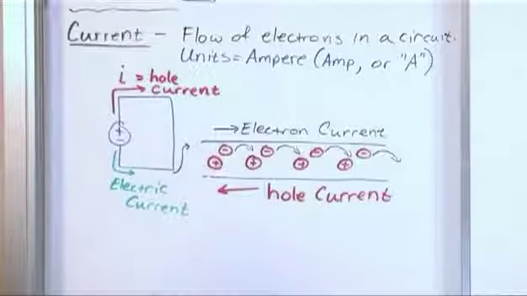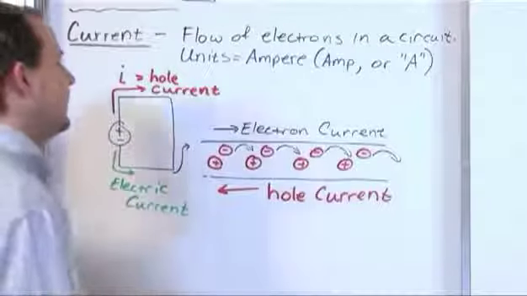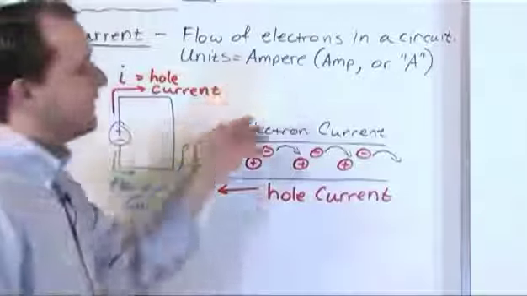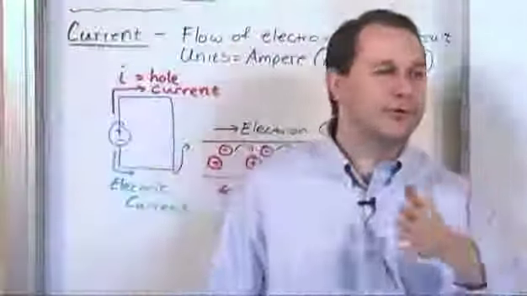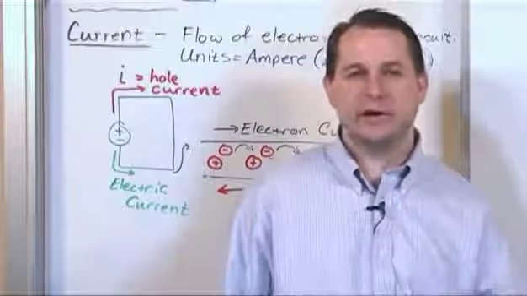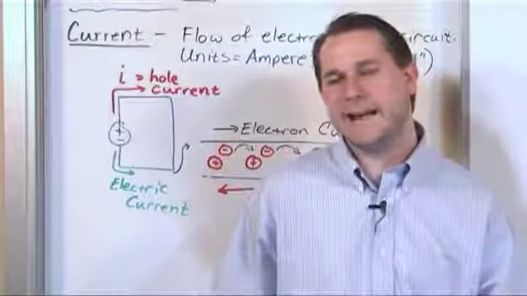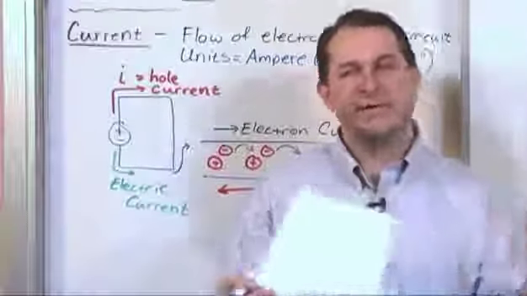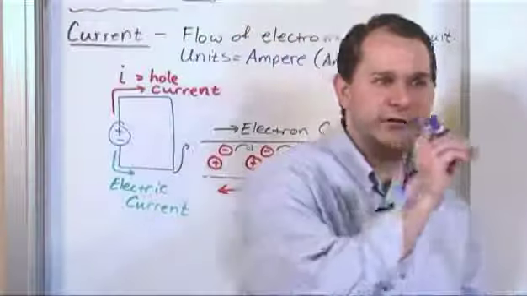The higher the number of amps, the higher the current going through the circuit. Basically, an ampere is telling you how many charges are moving through your circuit per second. And there's a definition in physics that you could go look up for that, and that's fine. It's not terribly important because really we're always talking in circuits. In a physics class, you'd be talking about an individual charge moving.